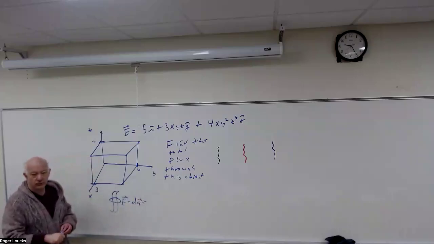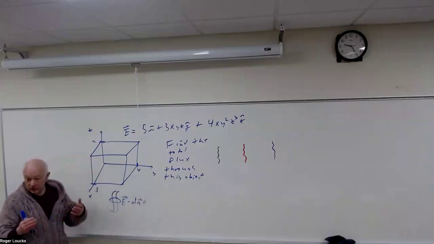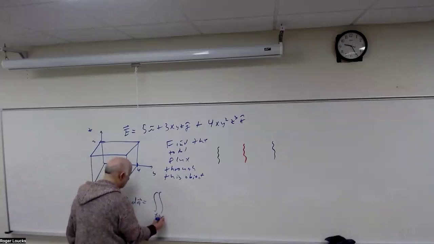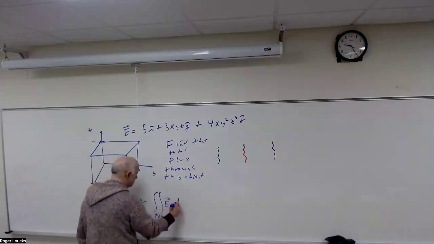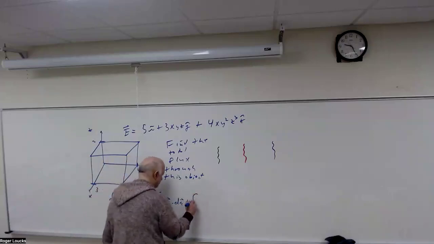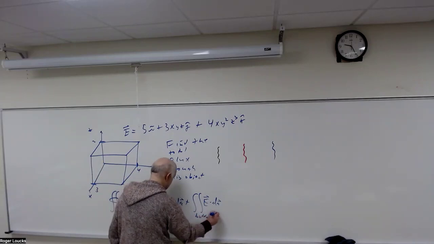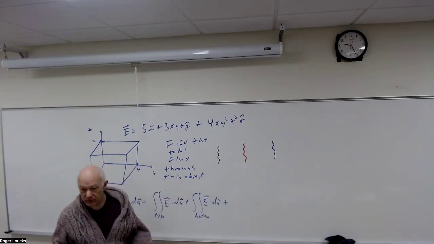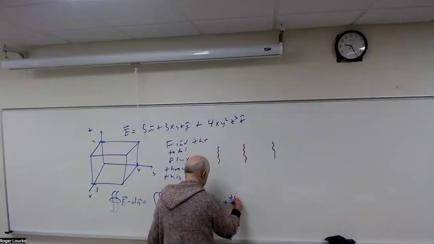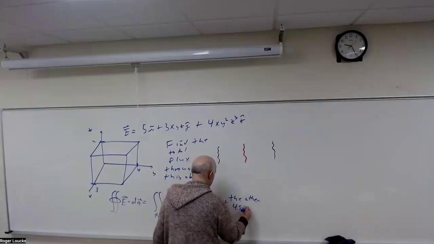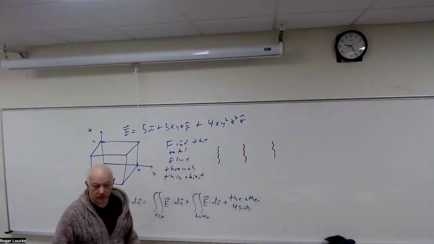How many integrals? 6, because there are 6 sides. So we'll put the top in here, I'll put the bottom, and then I'm just going to say plus the other 4 sides, just to make it easier to write.